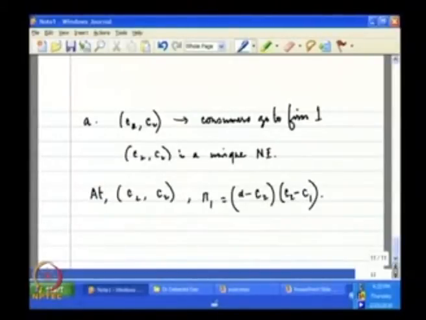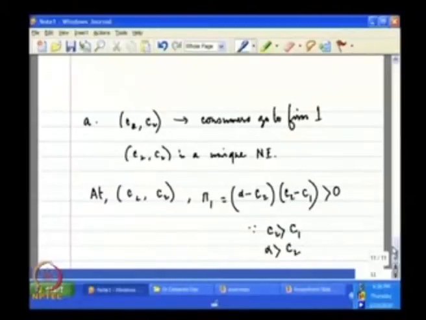This is the profit and this is positive because C2 is greater than C1, that is given, and alpha is also greater than C2, that is implicit, that we have seen before that the cost is always less than alpha, the coefficient term of the demand function.